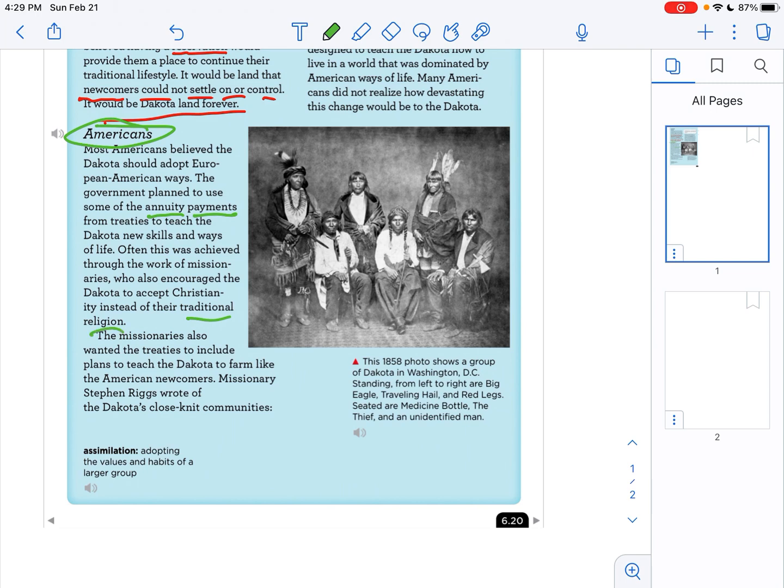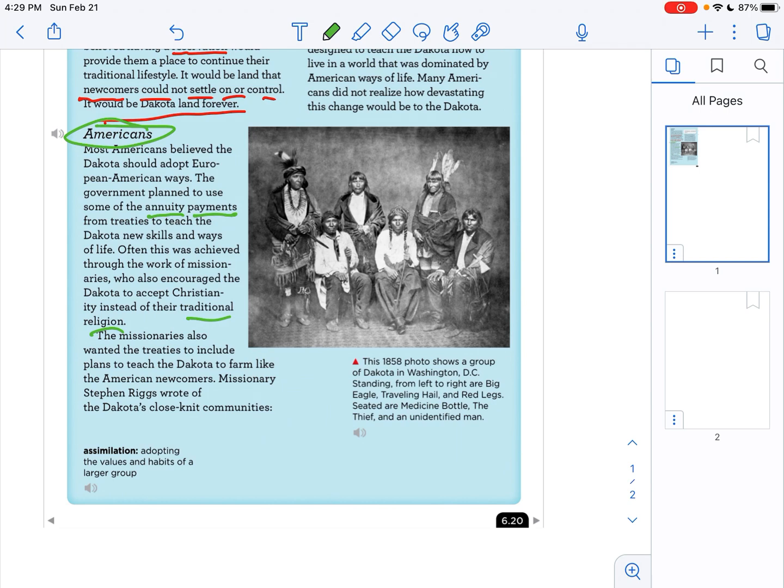So a missionary, you might remember us talking about this. Missionaries are people who went into an area and saw people like the Dakota in this case, and saw that they did not have the same kind of beliefs, so they wanted them to have their same beliefs. In this particular case, they wanted them to become followers of Christ, or Christians.